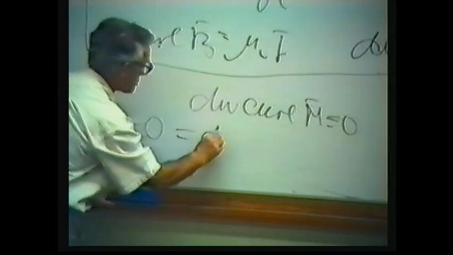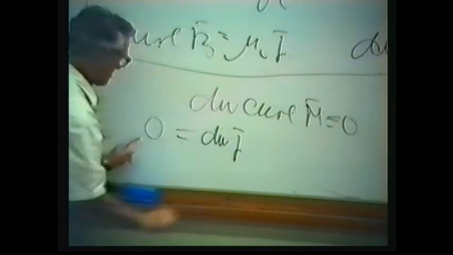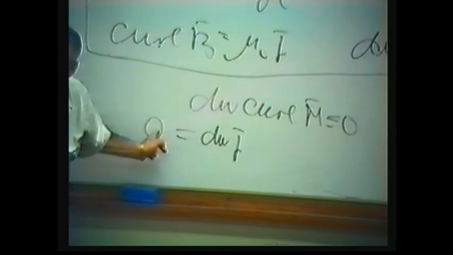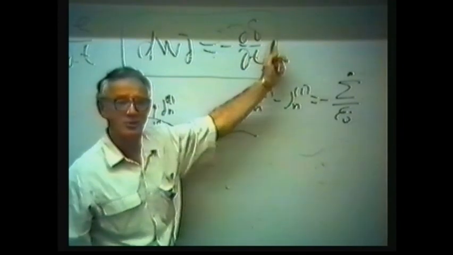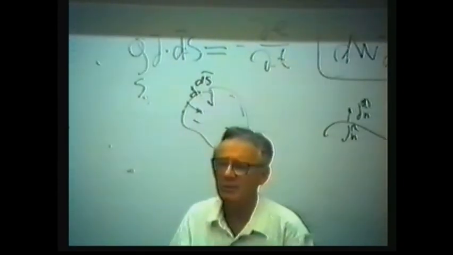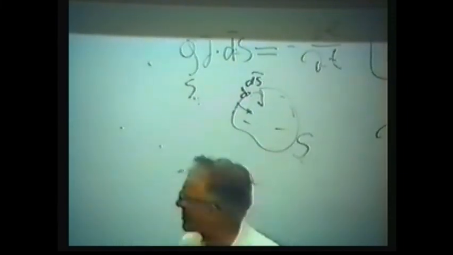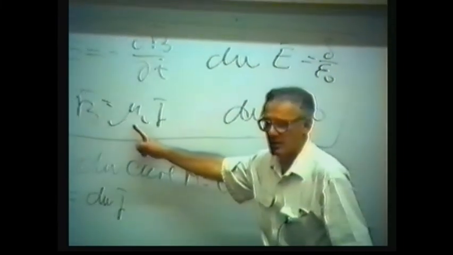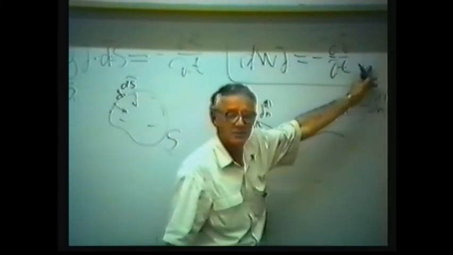Therefore, divergence J must be equal to 0. But physicists and Maxwell knew that's not the case. So he wanted to make this equation agree with this principle.